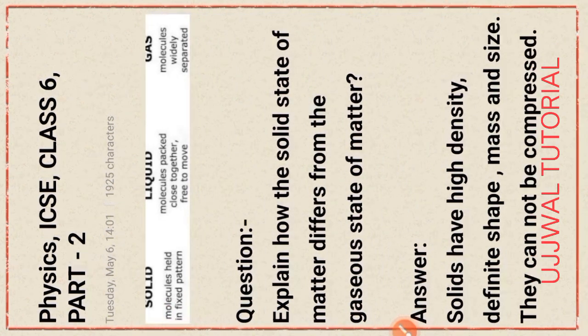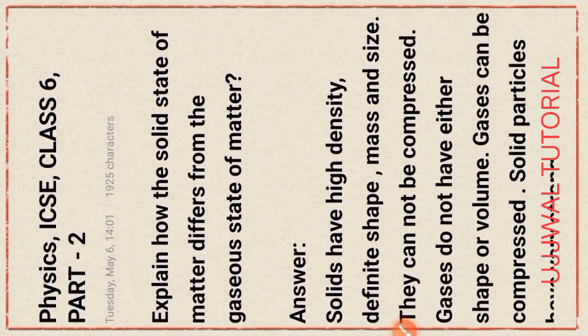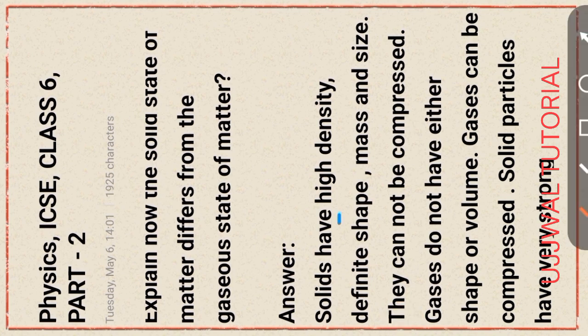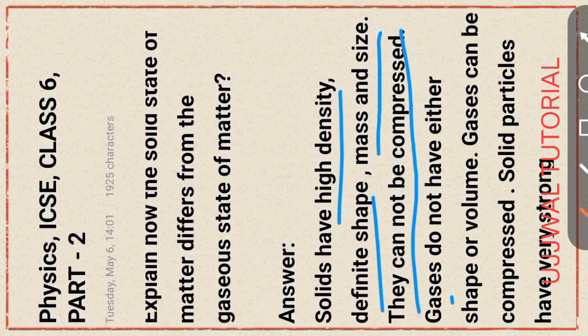Explain how the solid state of matter differs from the gaseous state of matter. Okay, now solids have high density, definite shape, mass, and size. They cannot be compressed. Gases do not have either shape or volume.